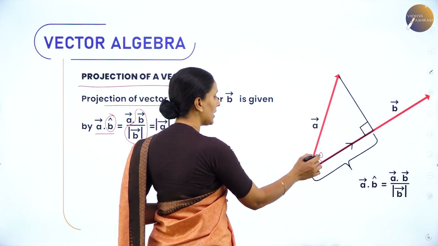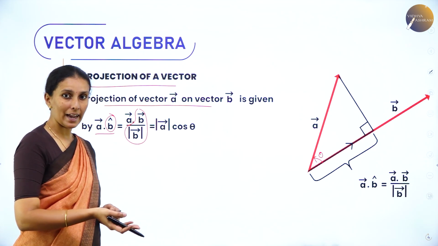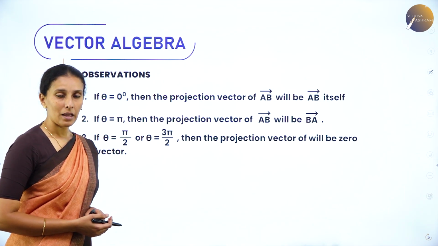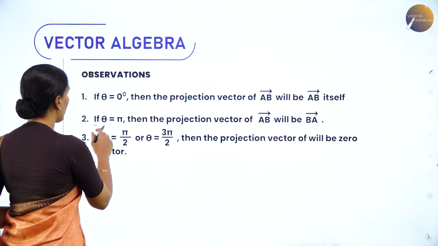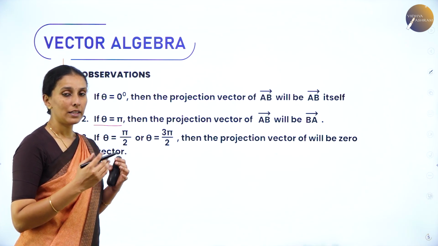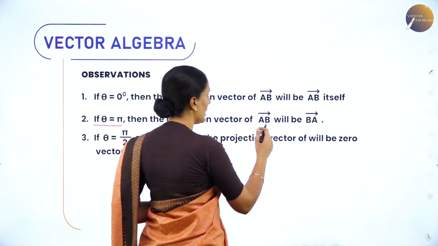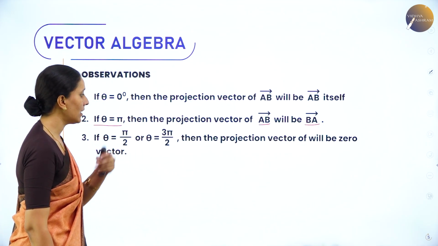So obviously the projection of vector A should be vector A itself. Now if theta is equal to pi here, that means the angle is 180 degrees, then the projection vector of A will be the negative of vector A.